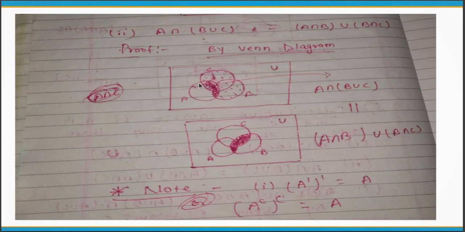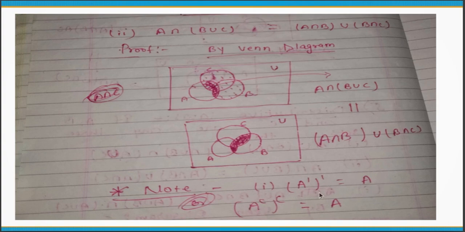A intersection B union C. First B union C. Now intersection with A. This is the only part shaded. Now similarly A intersection B union B intersection C. A intersection B and union B intersection C. This is the only shaded part.